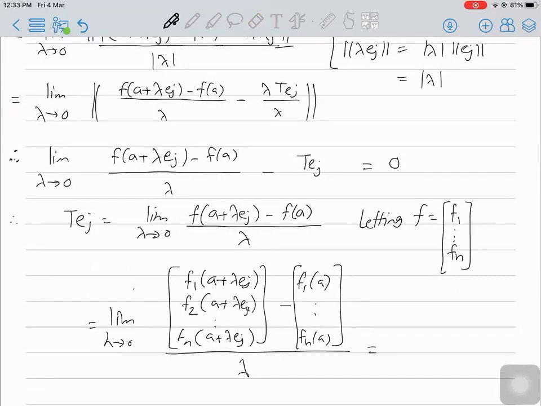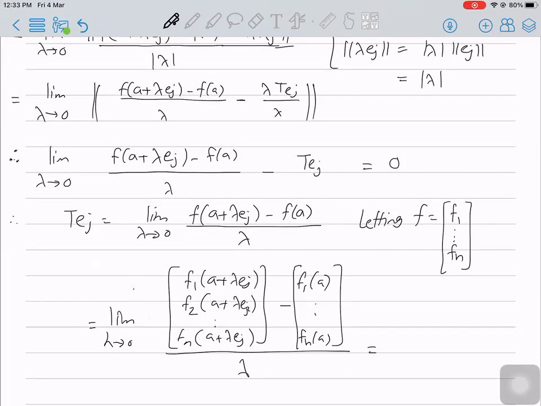But that's exactly equal to, so I can calculate this limit slot wise. We've seen that, right? Limits can be calculated slot wise. So the limit in the first slot is just going to be f1 of a plus lambda e_j minus f1 of a divided by lambda.